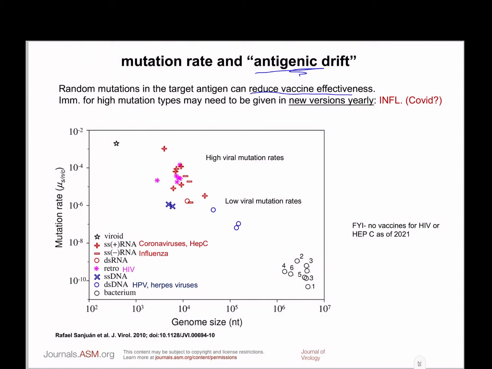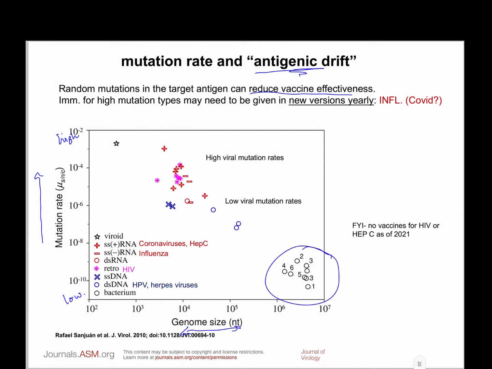So how much antigenic drift you get depends on how fast that particular virus mutates. And there's a great diagram here from the Journal of Virology, and on the y-axis is mutation rate, so we're just going to say this is a high mutation rate, and this is a low mutation rate. And they've got it by genome size, but I'm just going to show you that we've got bacteria down here.